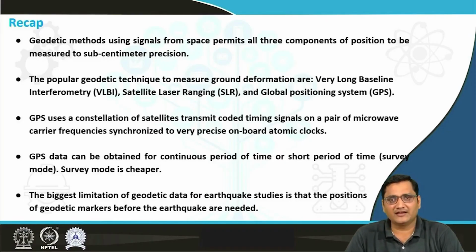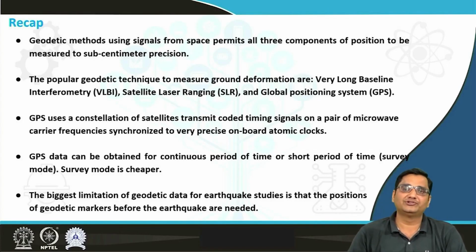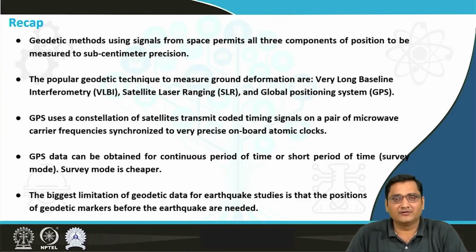As far as the recap of the previous lecture is concerned, we said that the geodetic methods using signals from space can be used to compute all three components of position to be measured to sub-centimeter precision.